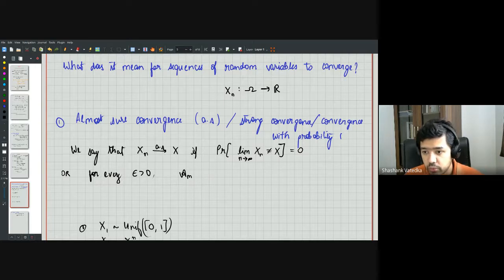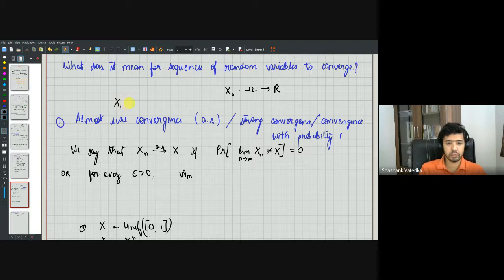Sorry, I missed this question by Chandramouli. So for each n, Xn is a random variable. Let's take an example.